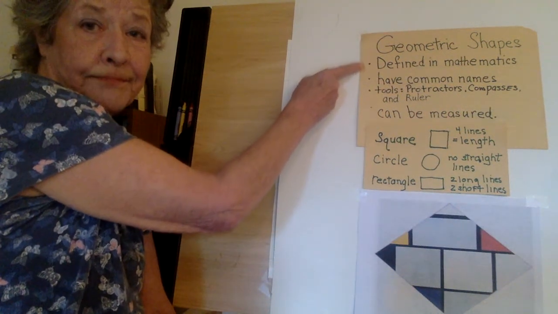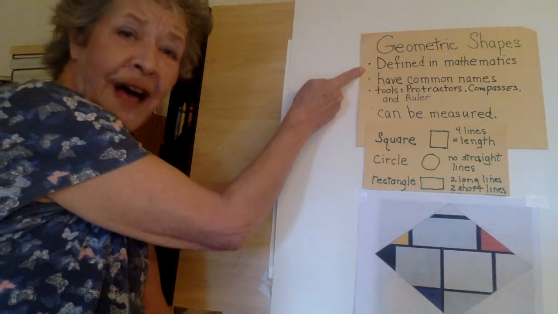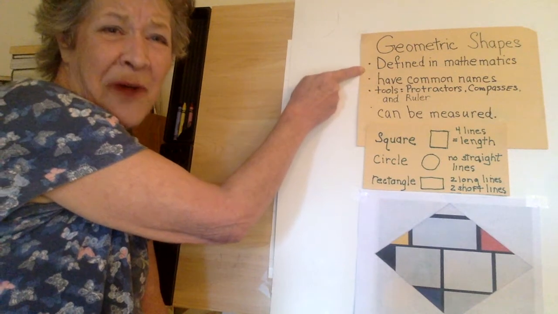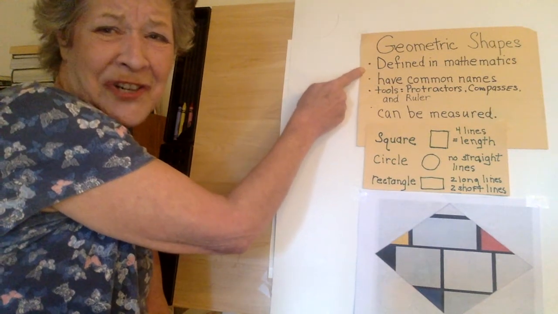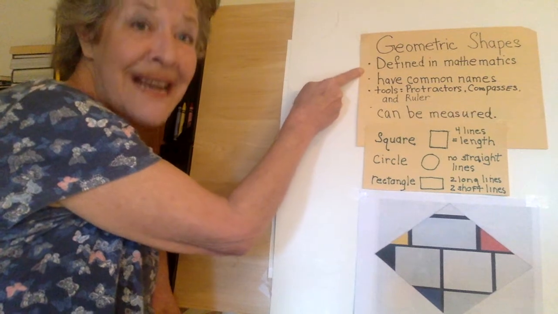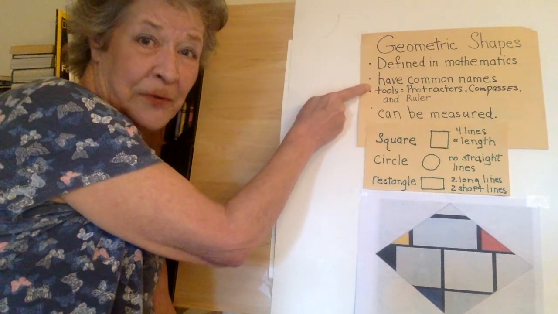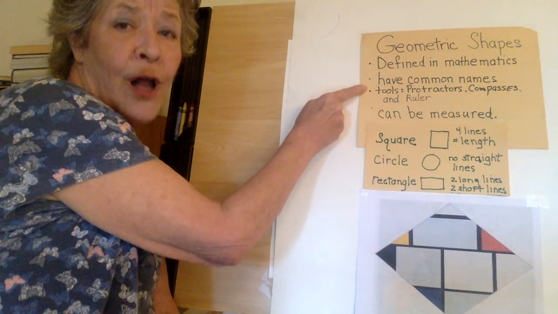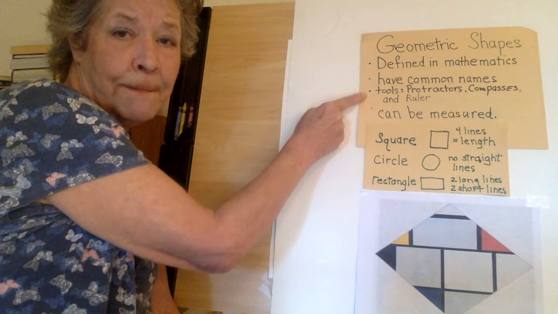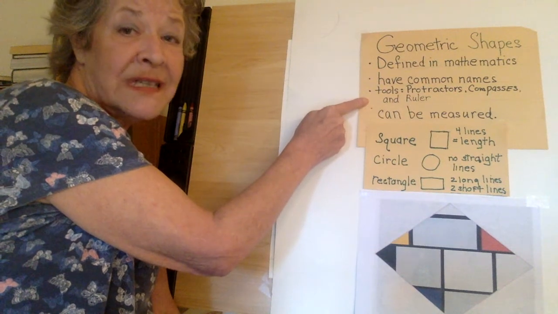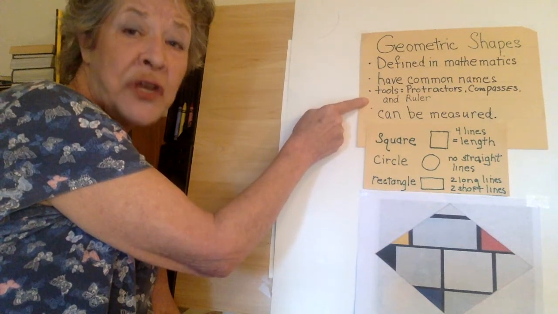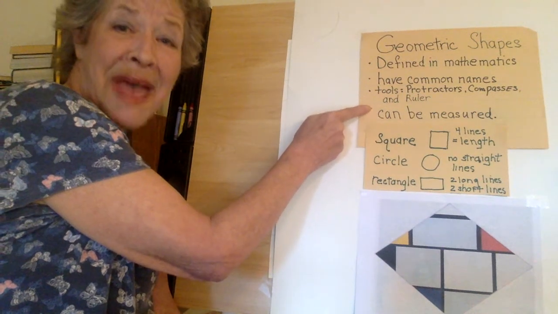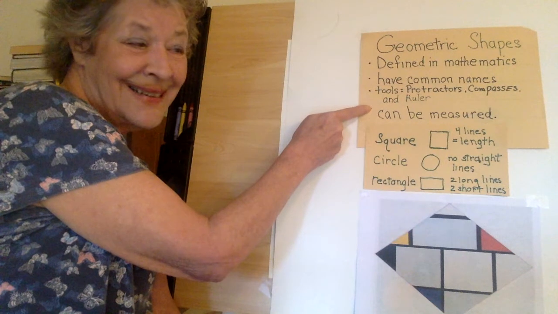Geometric shapes. They can be defined in mathematics, and I know none of you are liking that definition, but I think I can make it simpler for you. Geometric shapes all have common names, and there are tools that can help us create geometric shapes if we want them to be mathematically correct.